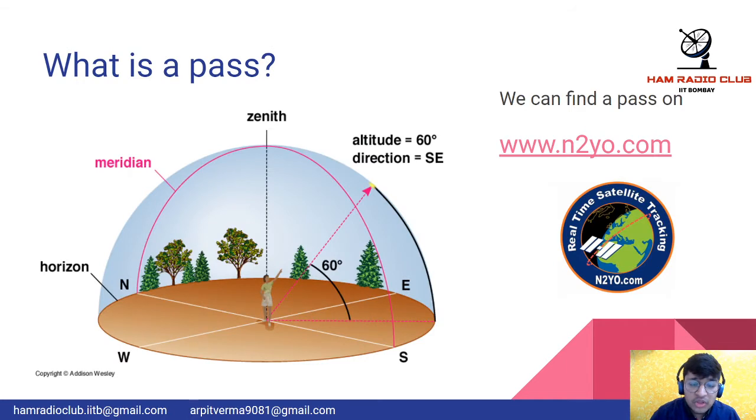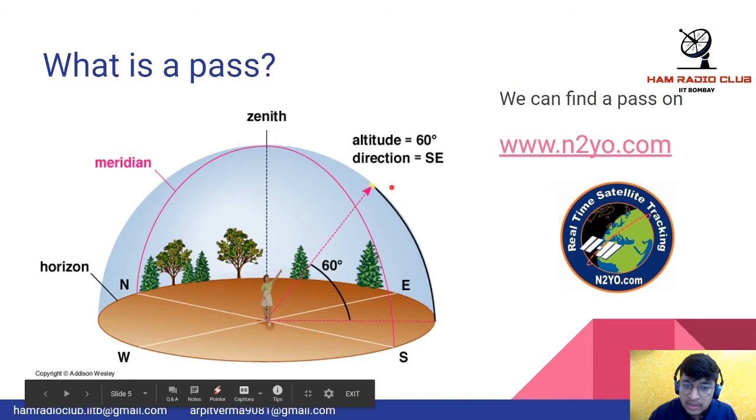So what is a pass? Like the moon is a natural satellite, you see the moon move from one direction to the other through the night till the morning. Similarly, the satellites which are sent by NASA and different space bodies like ISRO also revolve around the Earth and have a specific path. The black line you see here is basically the path of the satellite.